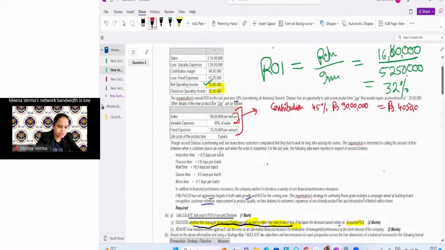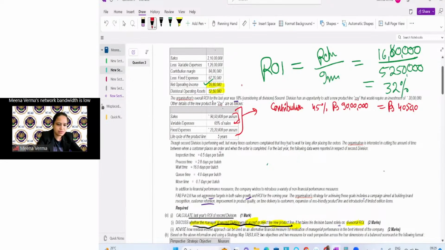From the total contribution, subtract the fixed cost, rupees 2520.